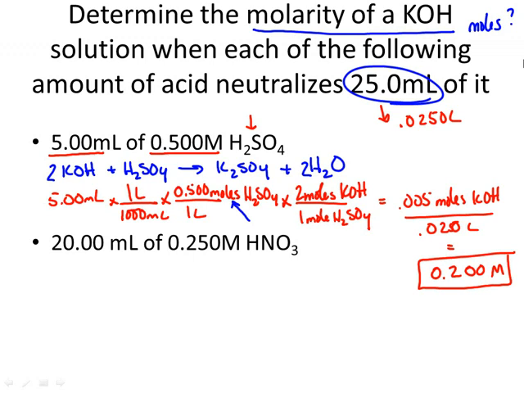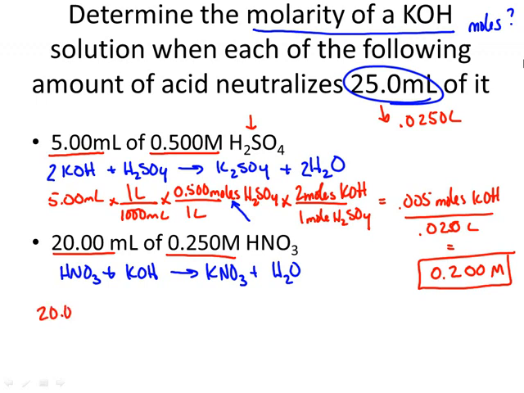Finally, similar problem, different reactants. So I have HNO3 this time, reacting with KOH. And this is a 1-to-1 mole relationship. So I have KNO3 plus H2O, and it's already balanced. So I'm given, again, 2 pieces of information about the HNO3, so that's where I'm going to start.